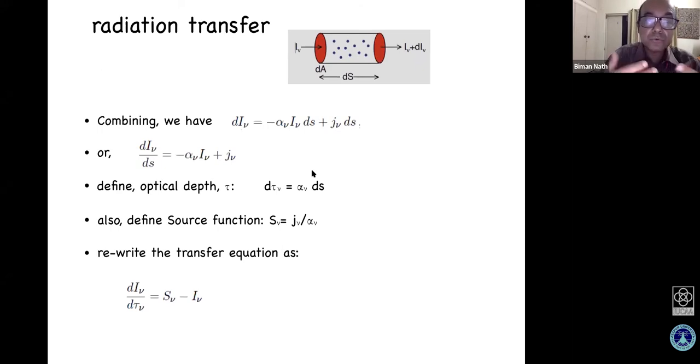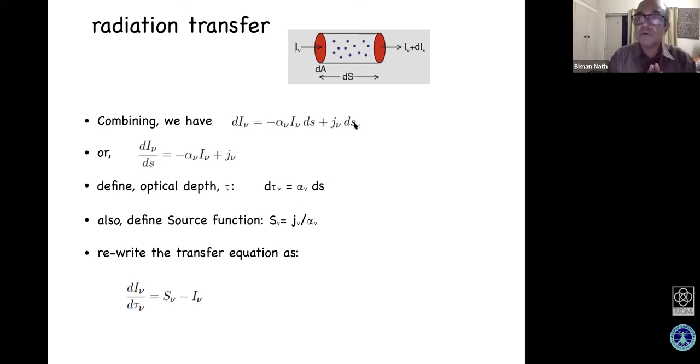In order to proceed, we can define something called optical depth. This is going to be an important concept, which we denote by tau, and I'll define as d tau. Again, these are all functions of frequency; this is not independent of frequency. So d tau nu I'm going to define as alpha nu, the absorption coefficient, times ds. I also define something called a source function, capital S, not small s.